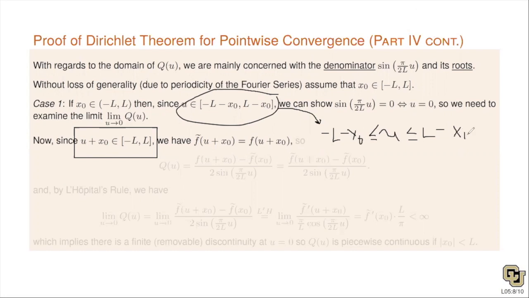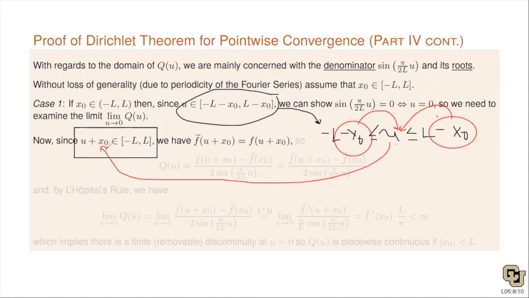So what I did for the next equation is I just moved this negative x sub 0 and this x sub 0, moved them both inside. Then you get u plus x naught is between negative L and L.